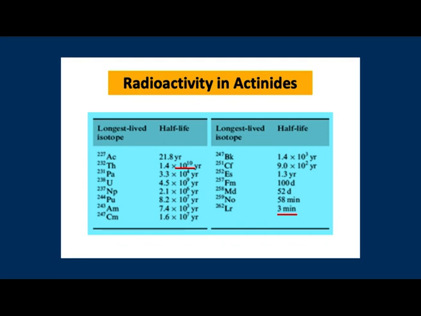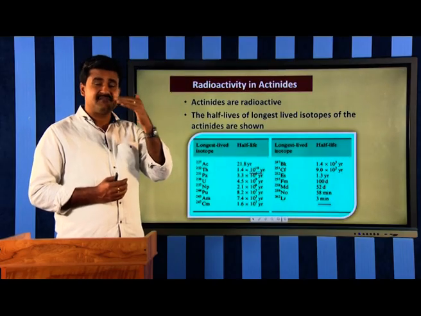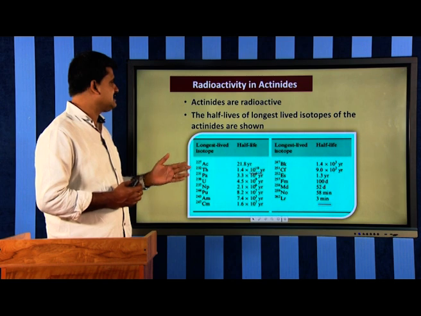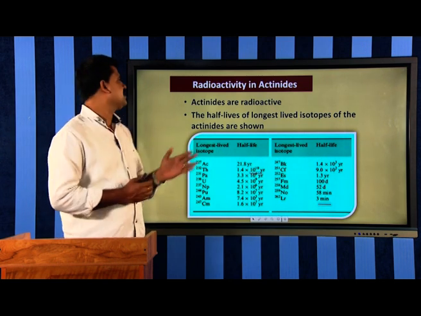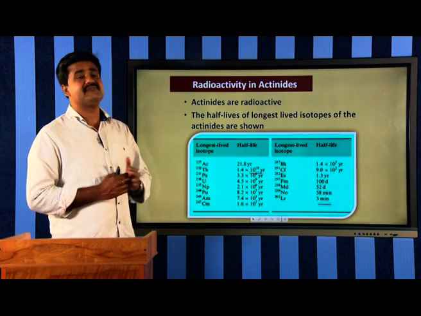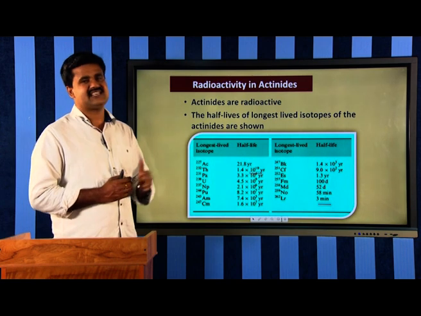Radioactive isotopes have fixed values for their half-life period, and the chart represents half-life periods of the longest-lived isotopes. For an element, there may be more than one isotope, and these isotopes have different half-lives, and the chart represents half-lives of long-lived isotopes of actinides.